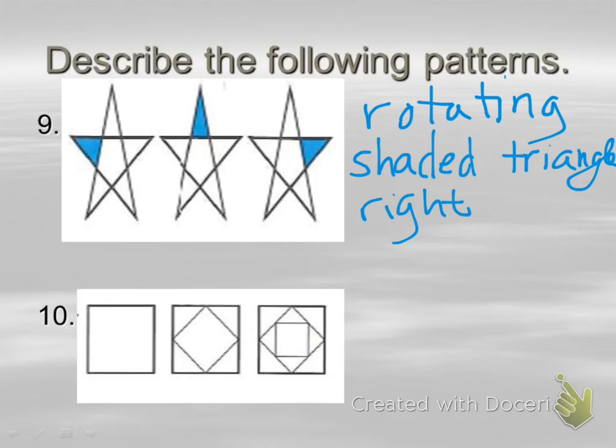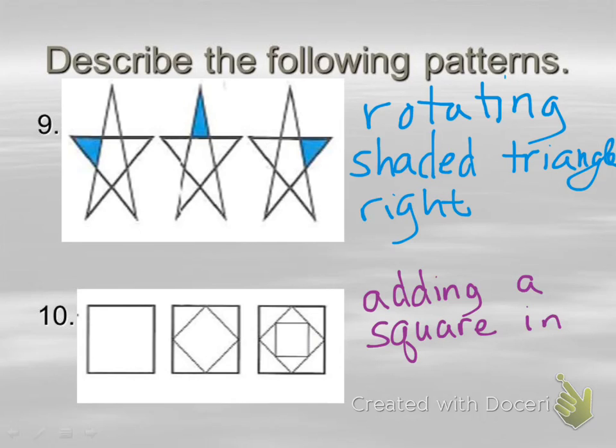All right, last example for the day. We have a square in a square, then we have a square in a square in another square. What's happening each time? You're adding a square. You're adding a square to the inside of the squares, or adding a square in the square.